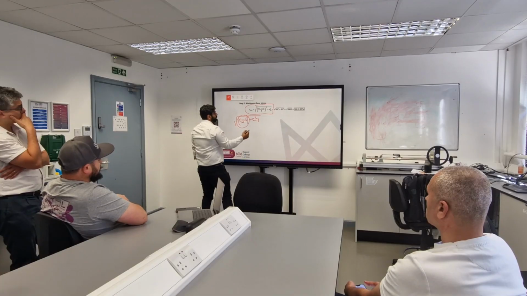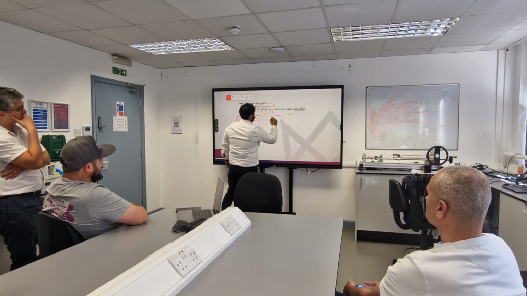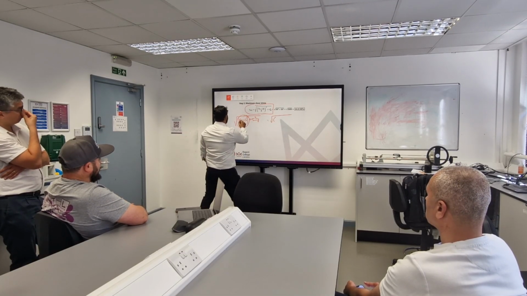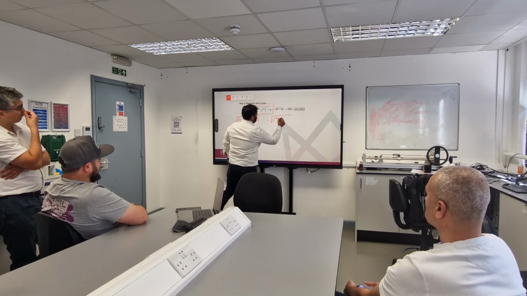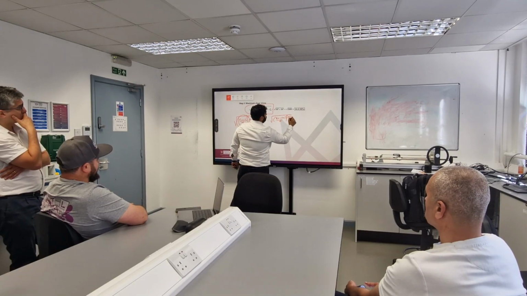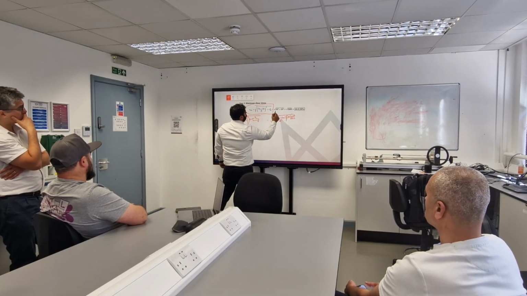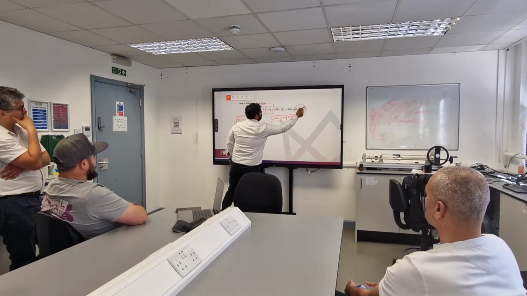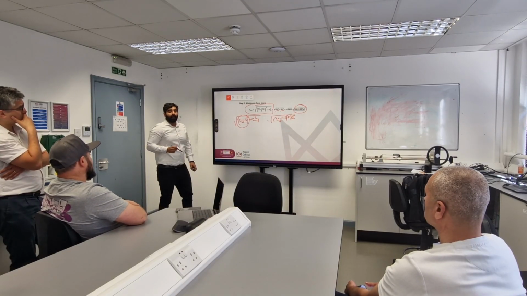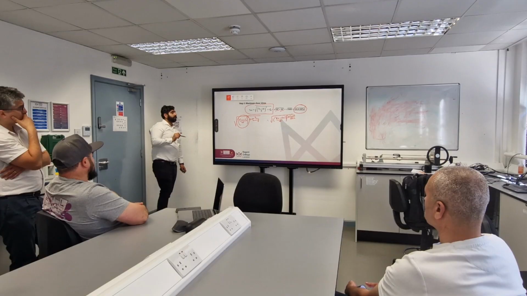Let's solve this one first. It was 80 minus 20 by 2 whole square plus 30 whole square. So it was 50, it was 30, it is the 58.31. This is the maximum value of the shear stress.